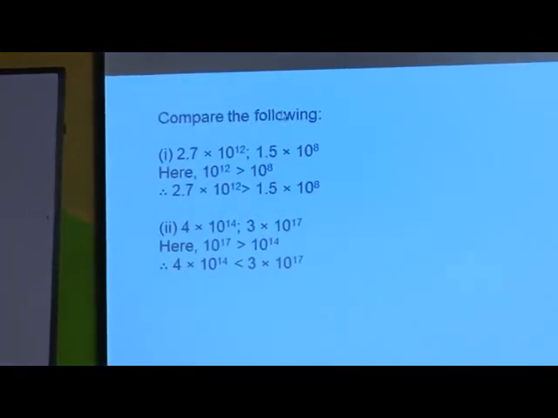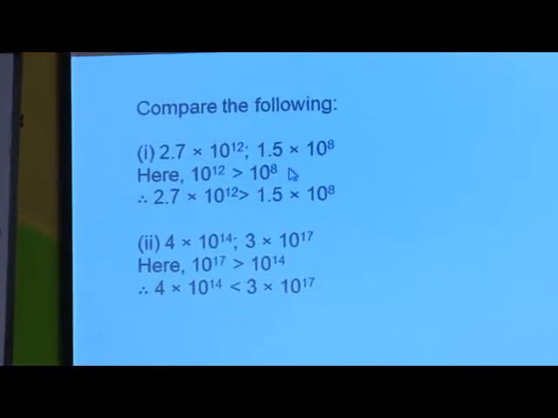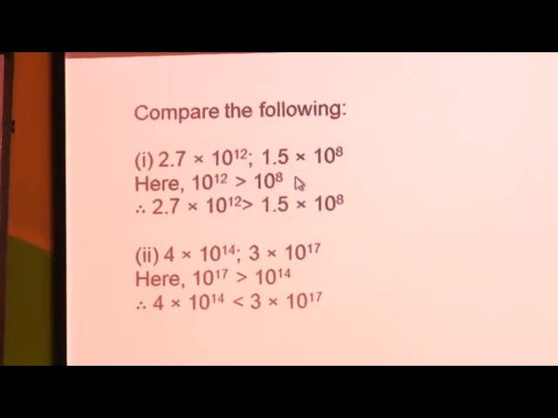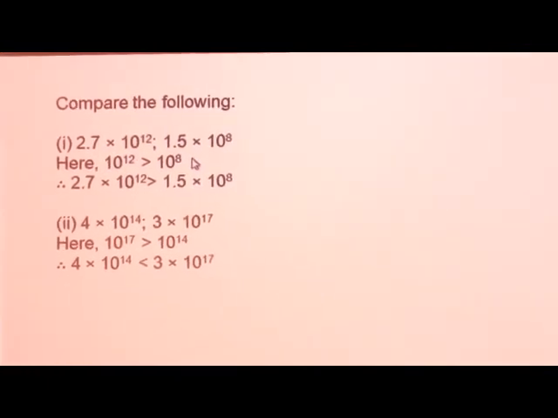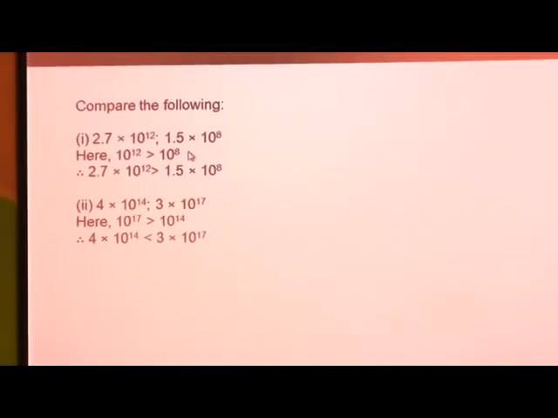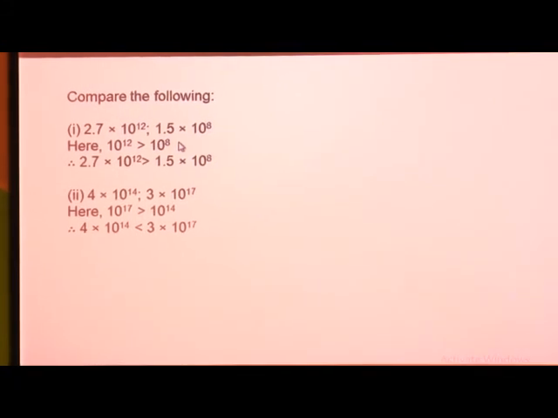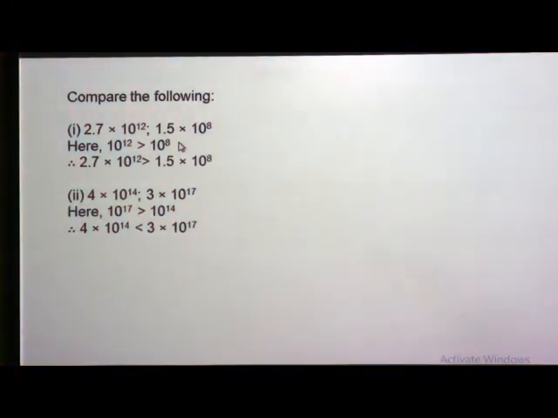Compare the following. You are seeing here somewhat very large numbers. I will give a very simple trick, so it will be easier to understand. Compare 2.7 into 10 raised to power 12 and 1.5 into 10 raised to power 8.